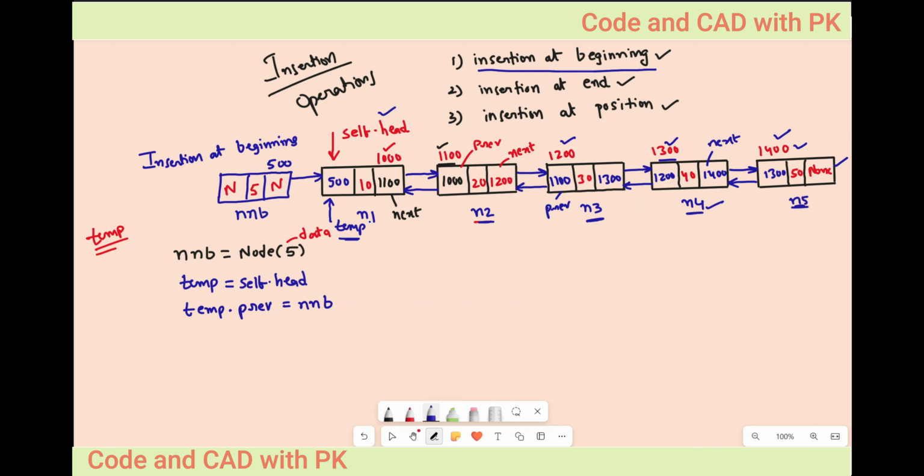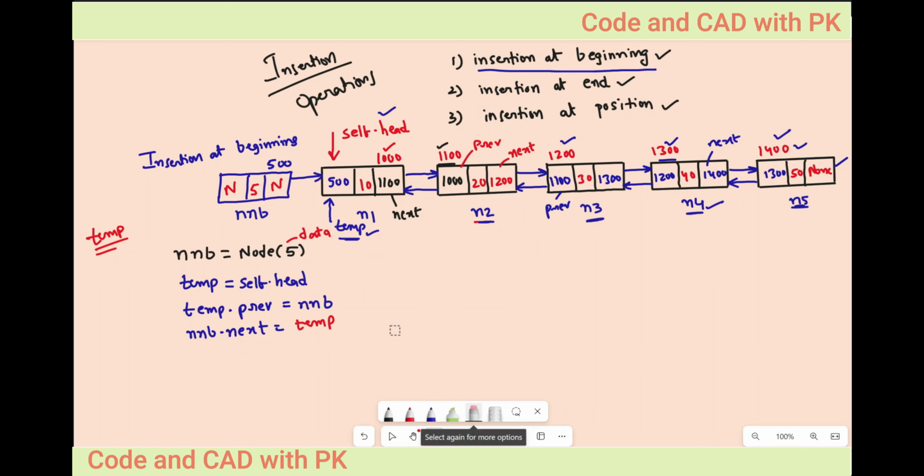What is this corresponding node address? It is N1. But here we don't know whether it is N1, N2 or whatever it is. Always first node is self dot head. Self dot head refers to temp. So here I am going to change NNB dot next is equal to temp.